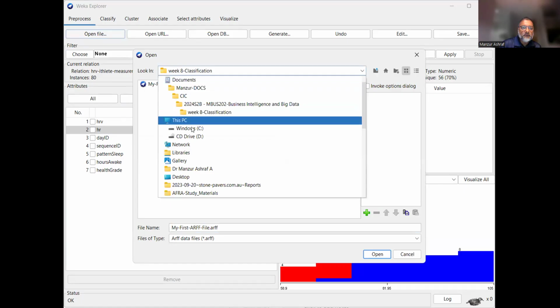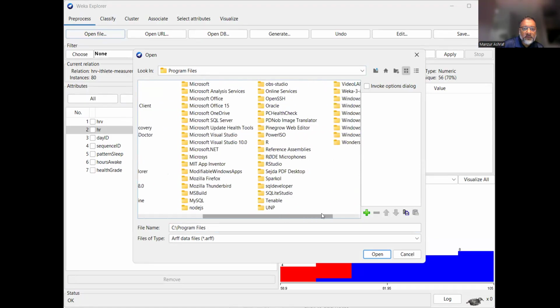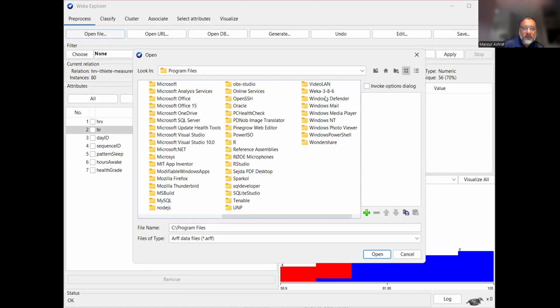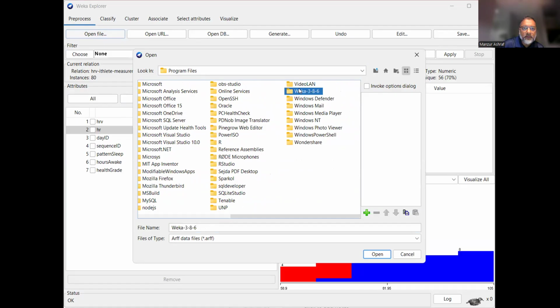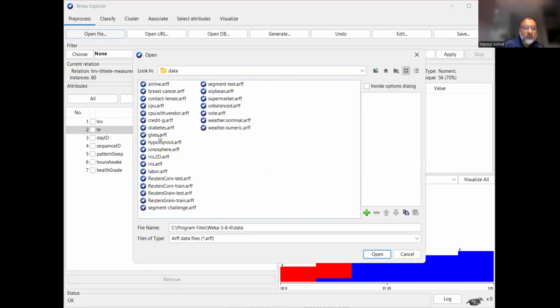I can go to the C drive, open the file, and then the data, and then probably I can pick the diabetes data set, right?